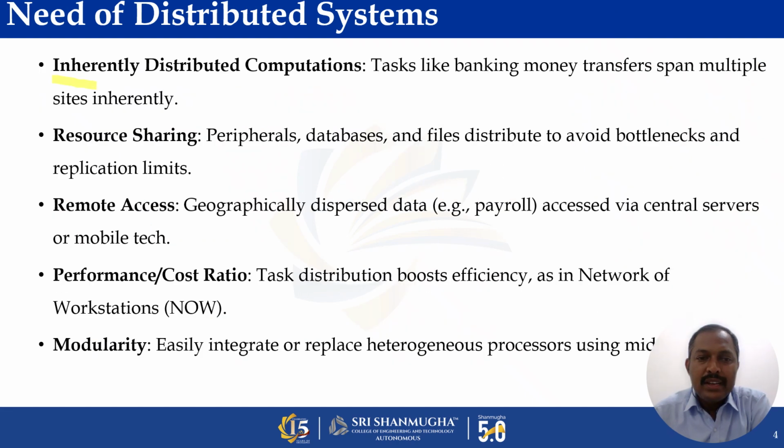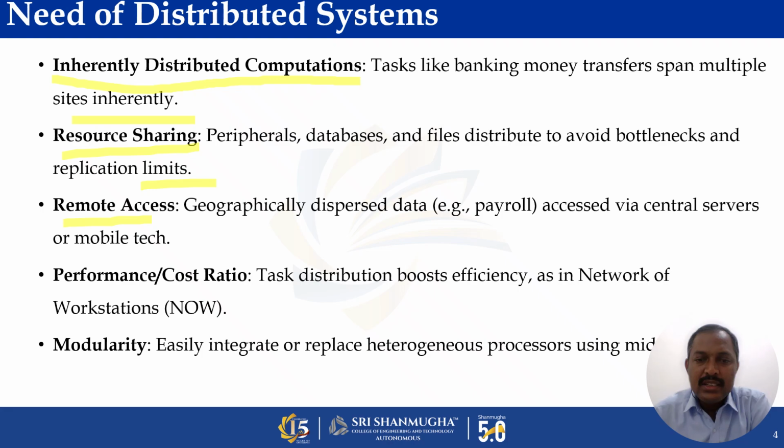Next, inherent distributed computation. Tasks like banking and money transfer span multiple sites inherently, so this can be implemented with the help of distributed systems. We have already seen in the previous slide that resource sharing is the main feature of distributed systems, the main need of distributed systems. Peripherals, databases and files are distributed to avoid bottlenecks and replication limits.